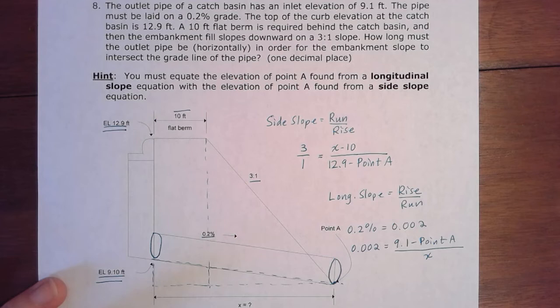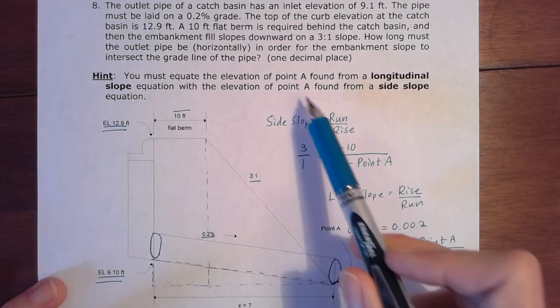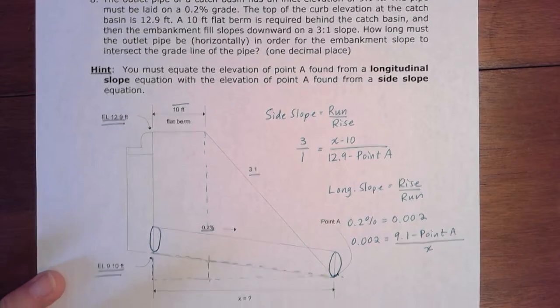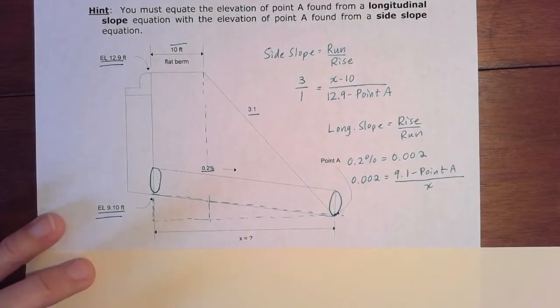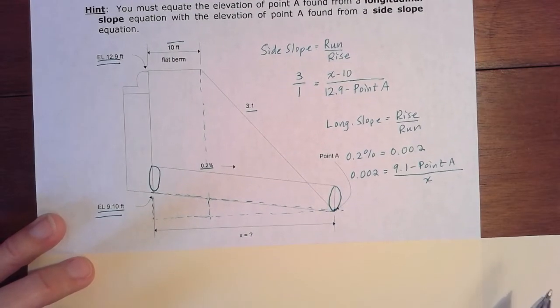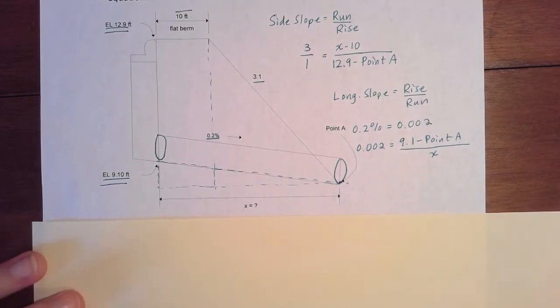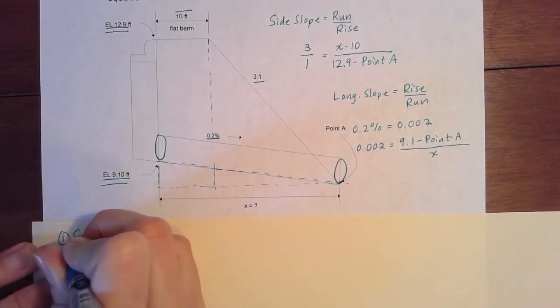Now we have to put them together and figure out what we can solve for x. And the way we'll do that, we'll follow the hint and we'll solve for point A first. So I will go ahead and follow that hint and solve the longitudinal equation for point A first. So I'll do that as my first step.